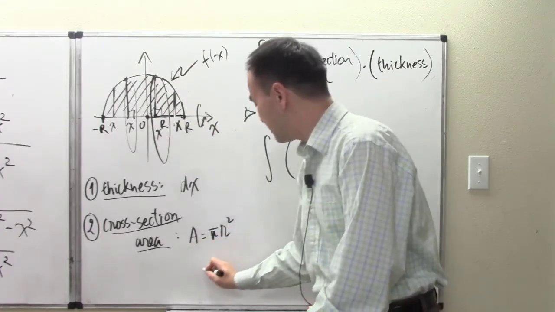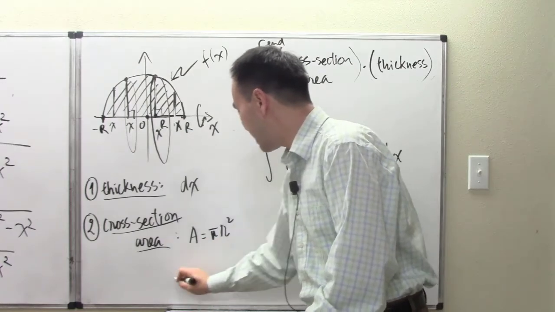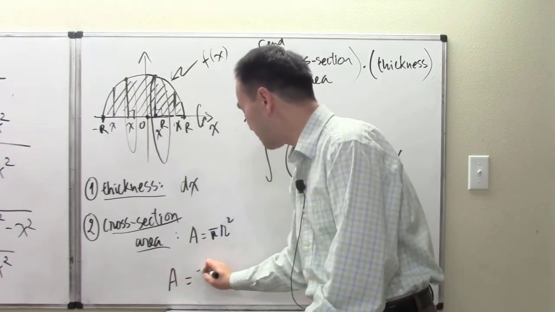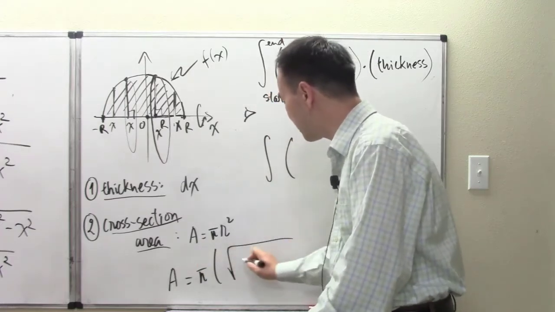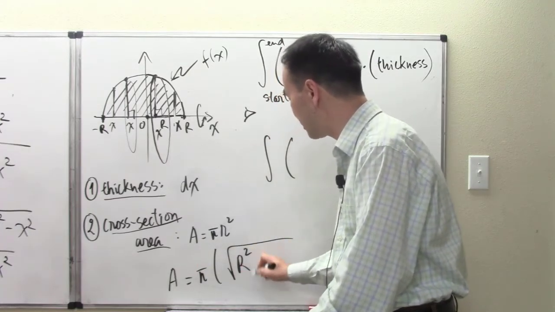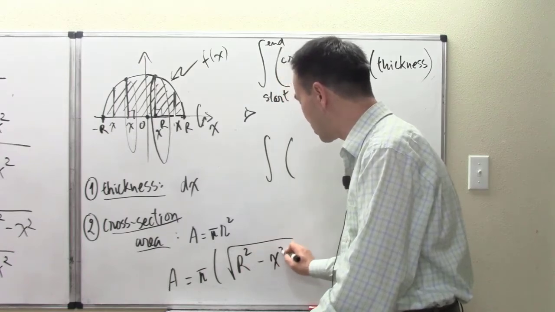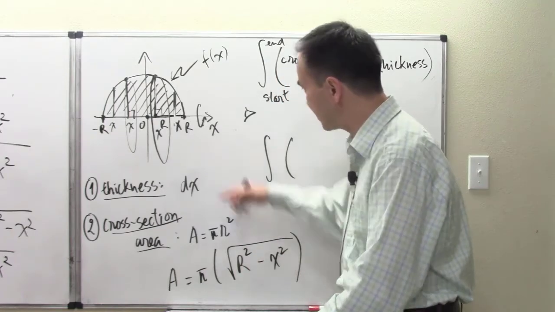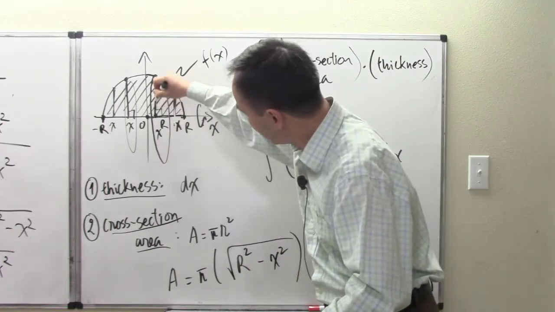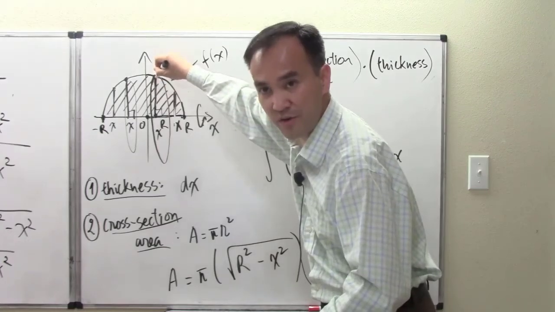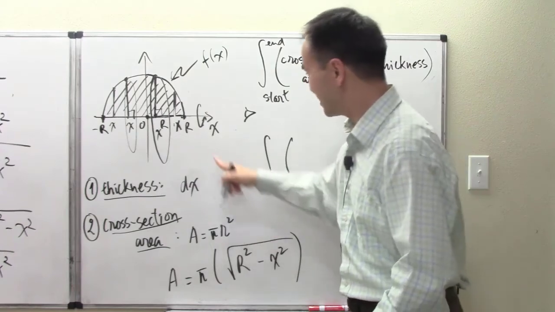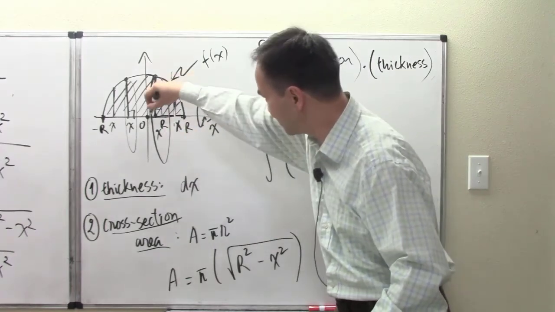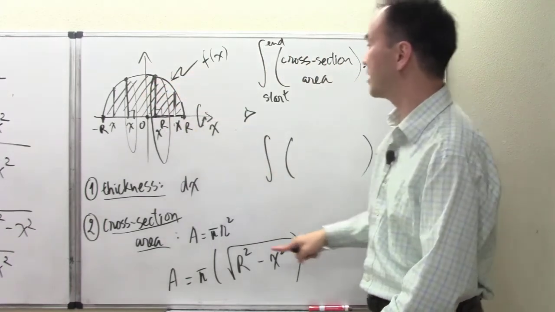But that means the area of the cross section equals pi times, where r now is found to be the square root of capital R squared minus x squared. Any height here is the square root of R squared minus x squared. And that big R is this big part right here.